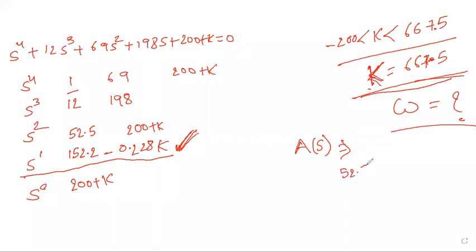Very good. 52.5 s square plus 200 plus k, s power 0. Leave it. Okay. So this is the auxiliary equation, which is equal to 0.